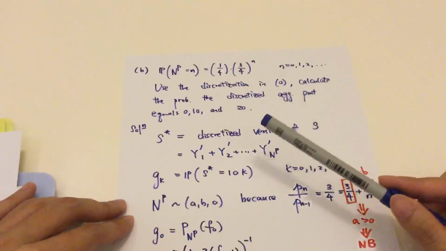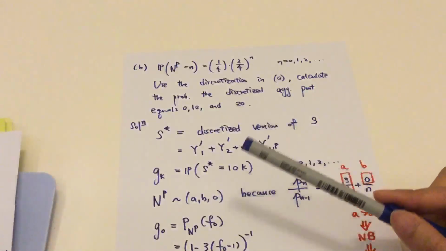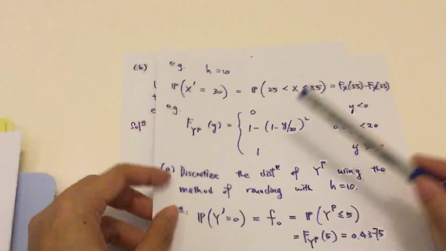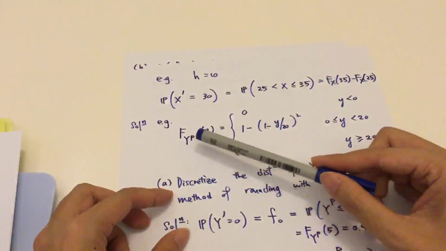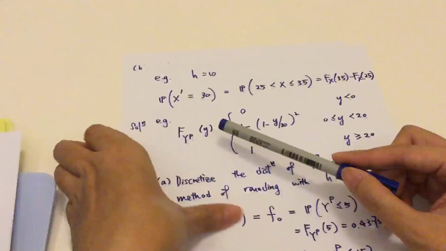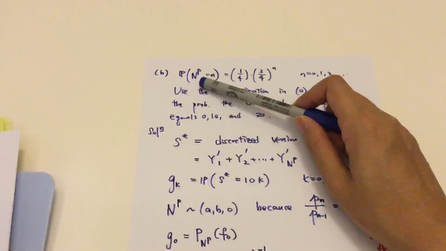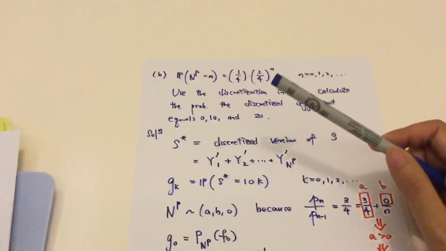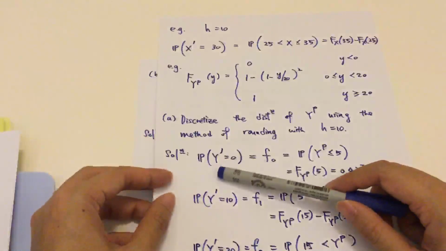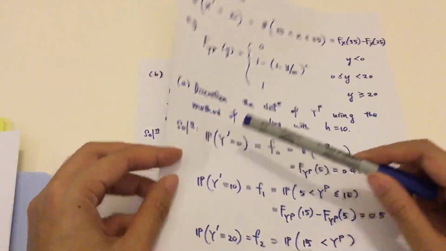Okay, so the original aggregate payment will be given by Y_P1 plus Y_P2 plus Y_P3, Y_P4 up to Y_P,N_P. But now we approximate Y_P by the discrete variable Y prime.